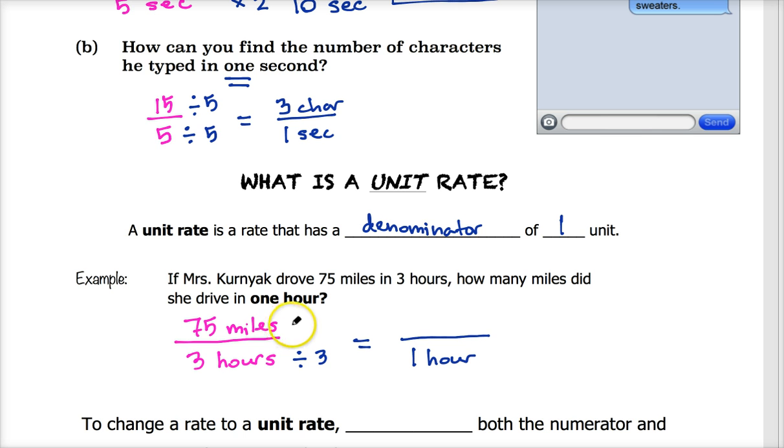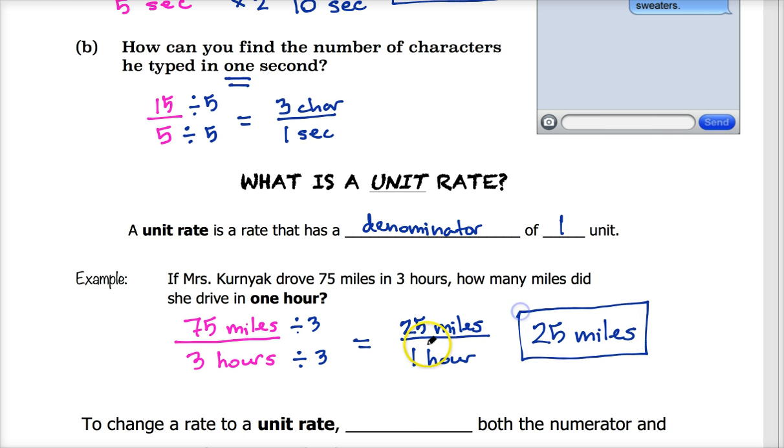We have to keep this rate equivalent, so we need to also divide the numerator by 3. And 75 divided by 3 is 25. So this means that Mrs. Kerniak drove 25 miles per 1 hour. And that is known as a unit rate because the denominator is equal to 1.